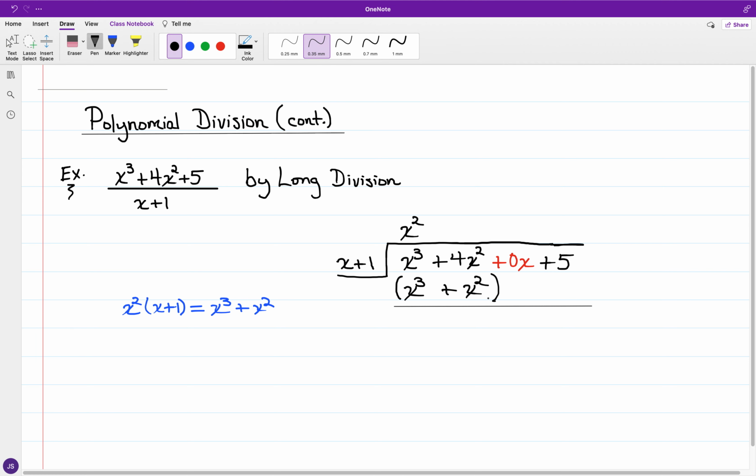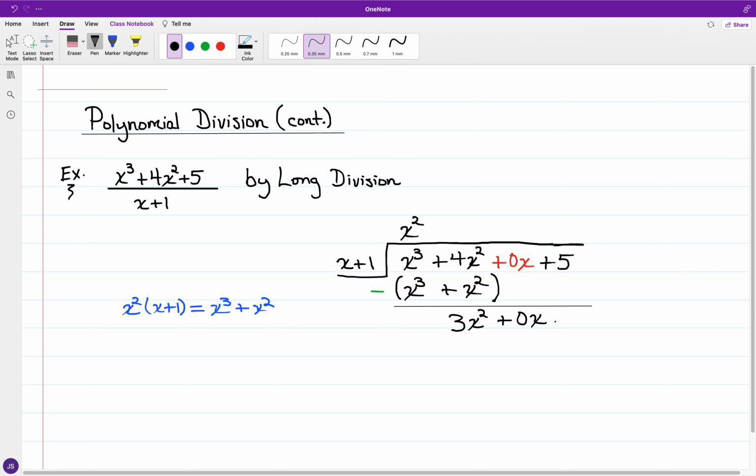So x cubed plus x squared will be subtracted from the polynomial dividend, lining up the like terms. x cubed minus x cubed goes out, and in second degree we have 4x squared minus x squared, so this will be 3x squared, and just bringing down the other terms from the dividend.